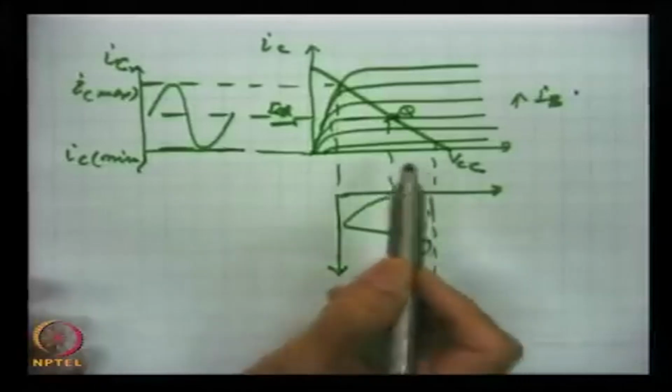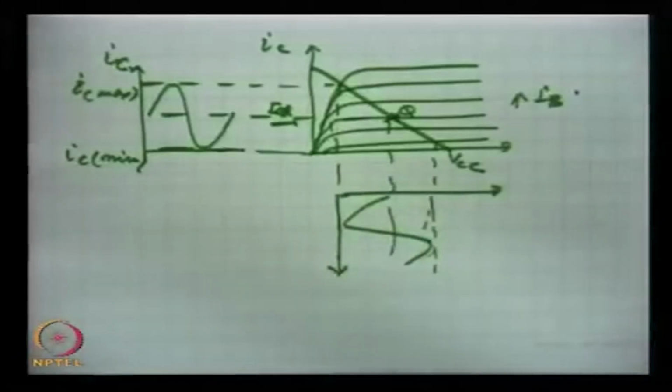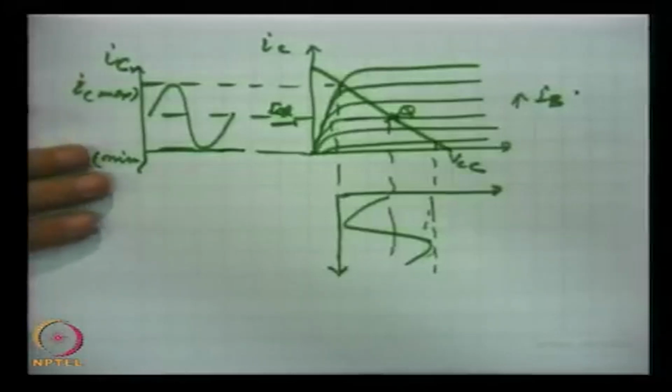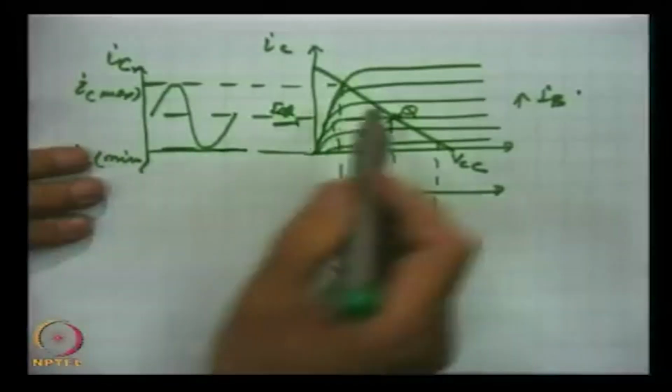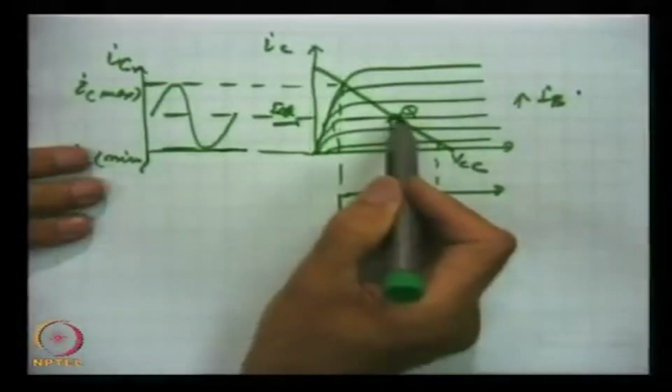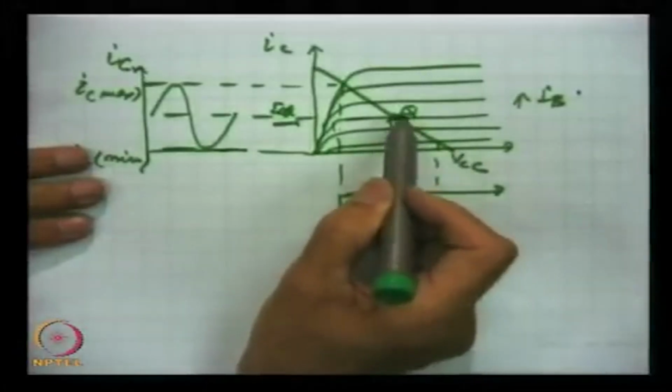Now, I made it clear that to take the maximum advantage of undistorted output, the operating point has to be chosen at the center.